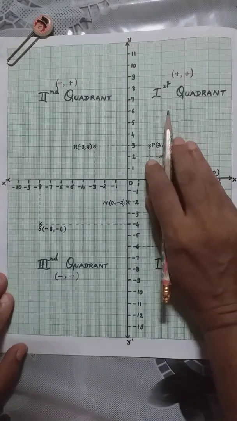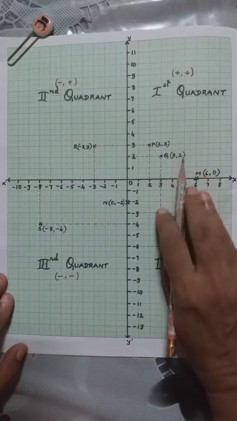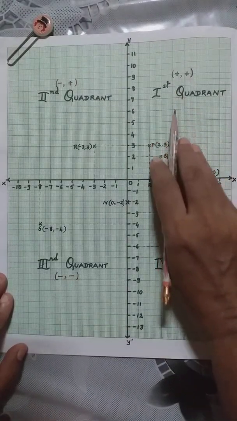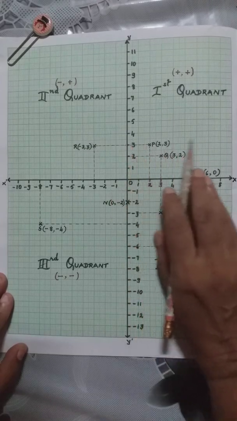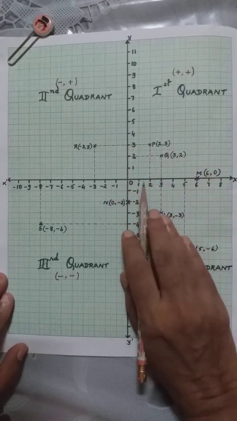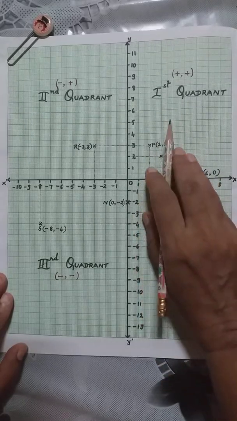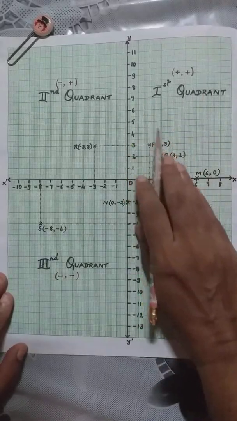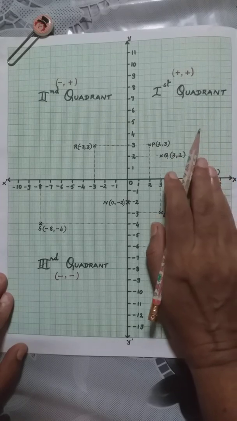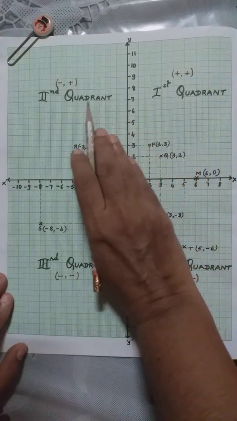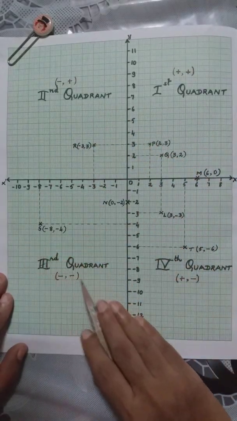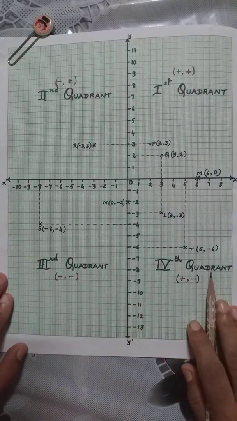I start from the first quadrant, which is on the right side of the y-axis and above the x-axis, and from there onwards I number the quadrants in the anti-clockwise direction.